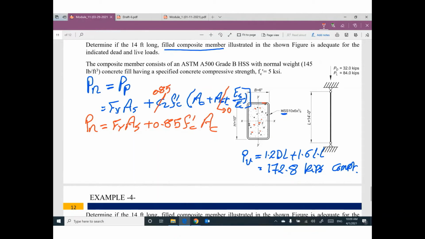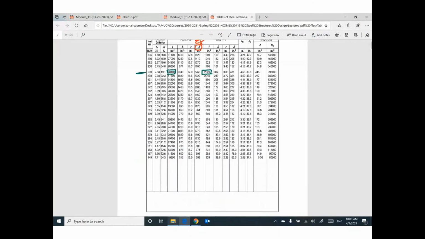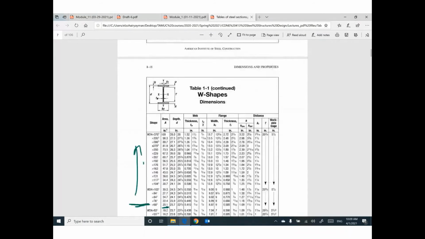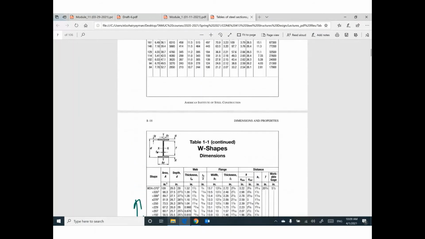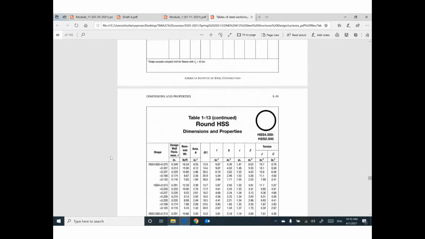This steel tube is called HSS 10 times 6 times 3/8. I will open my tables and I will go down. This one is for circular shape, HSS circular.